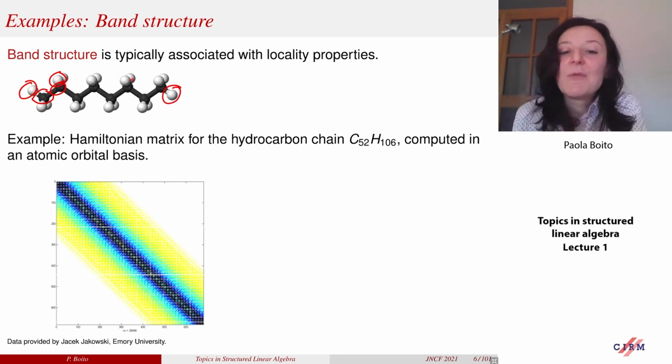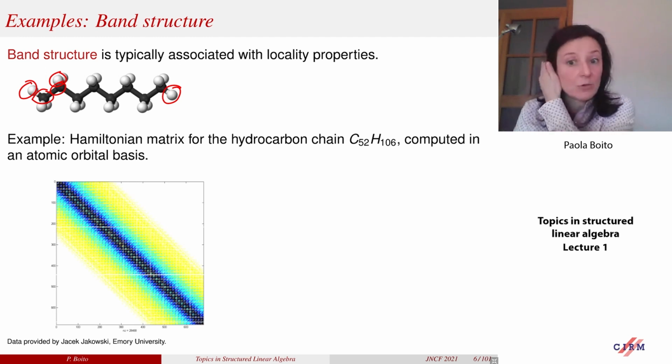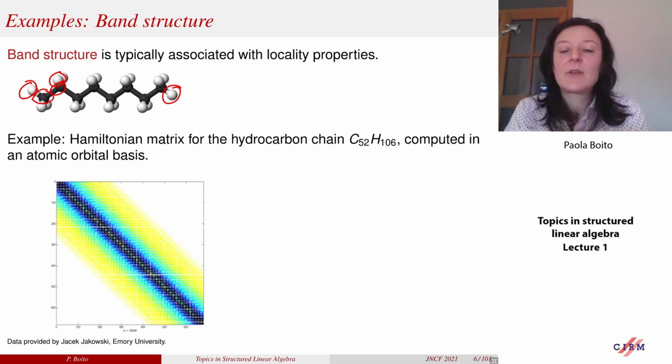So, well, this is a small example in the picture. This is octane, but the system we consider here has 52 carbon atoms and 106 hydrogen atoms. So it's interesting in some physical applications, in order to model the behavior of such a system, to write the Hamiltonian matrix.